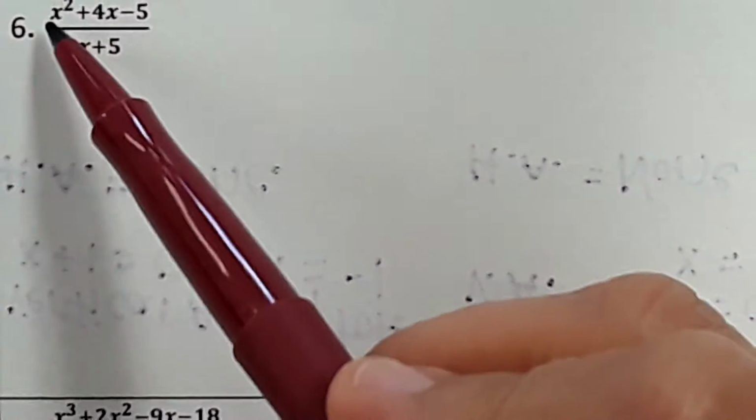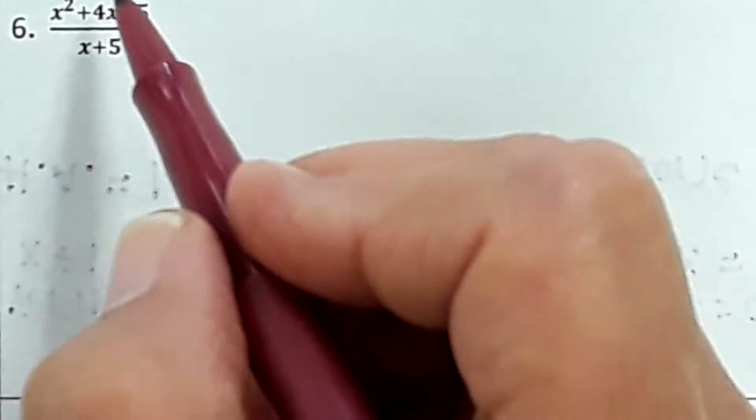So anytime you see a trinomial in the numerator or you see a trinomial in the denominator, you really need to factor it. So because a is 1, there's a 1 in front of that x squared, we're going to look for two numbers you can multiply to get -5, and when you add them, you get +4. So how do you factor that?